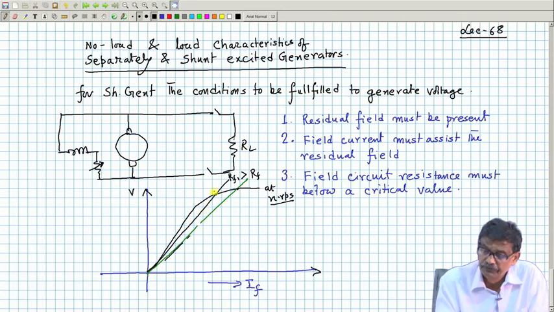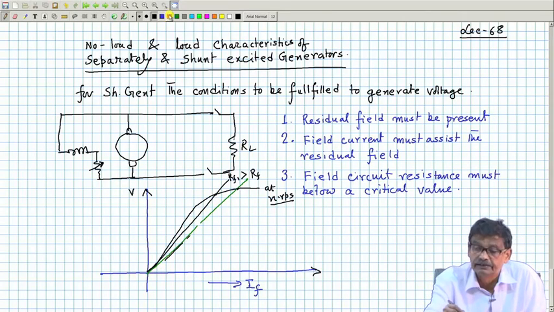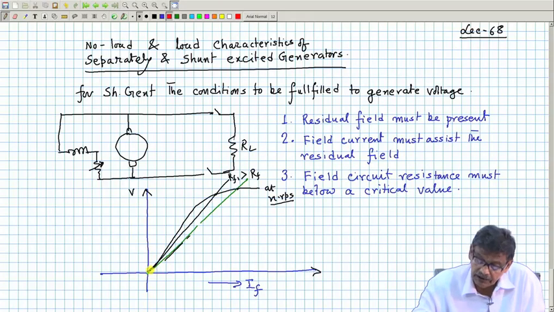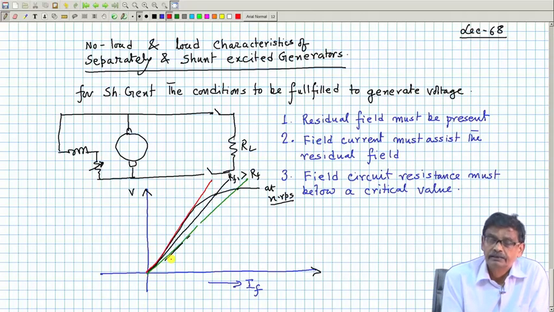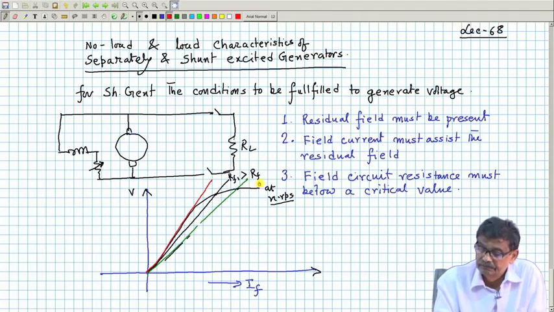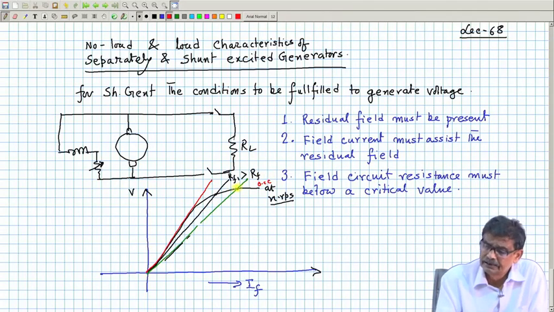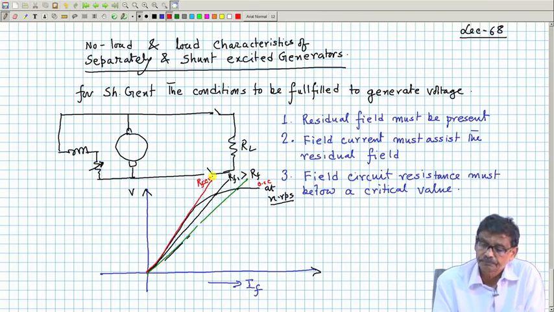In this way, if you go on increasing the field resistance line, a time will come when the field resistance line will coincide with this OCC, and this field resistance is called RF critical, the critical value.